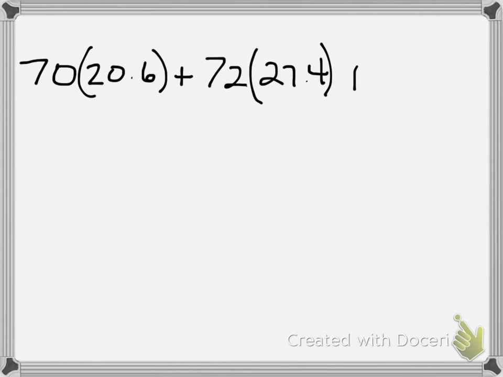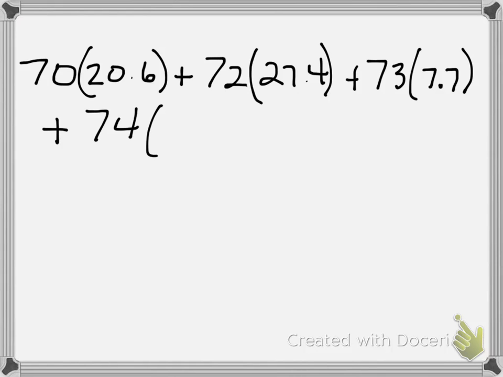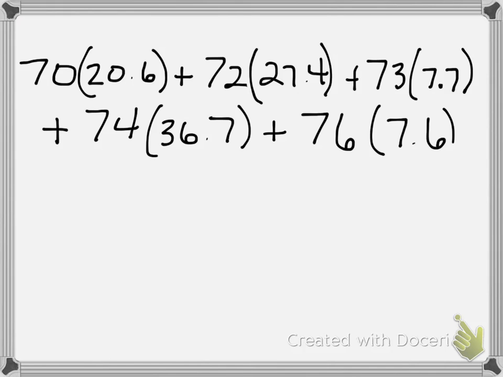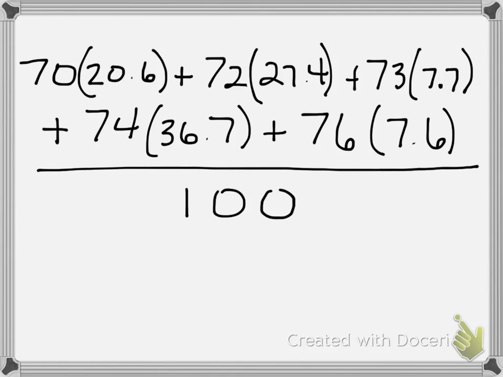My third one is going to be 73, and I multiply that by 7.7. My fourth one is going to be 74, multiplied by 36.7. My last one is going to be 76, and I multiply that by 7.6%. Now, when you check these values of percentages, they do add up to 100. So I have to divide by 100%.